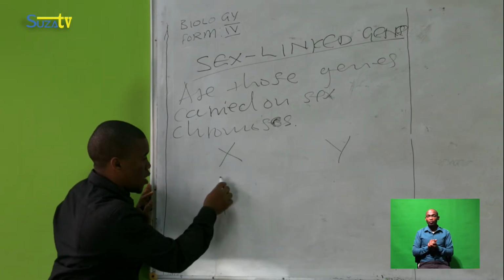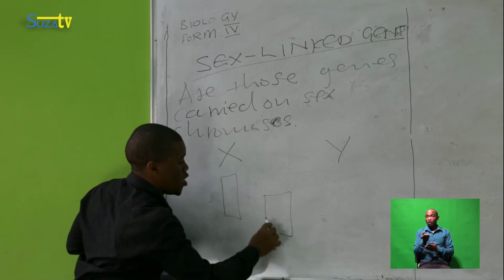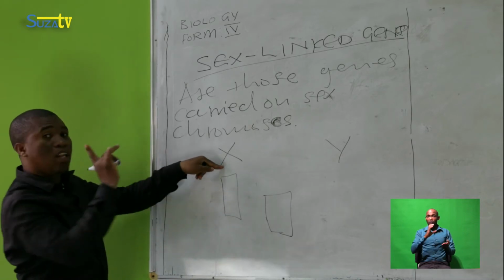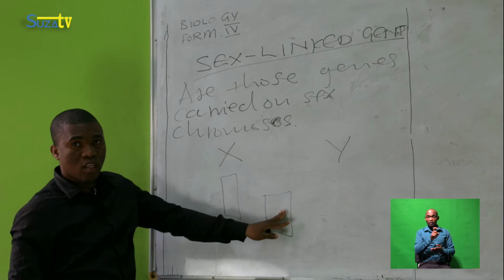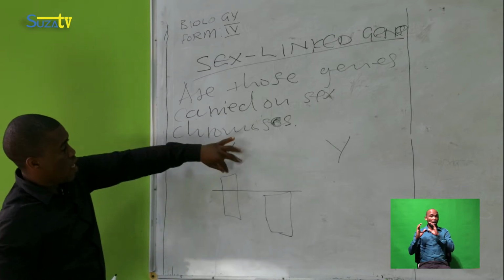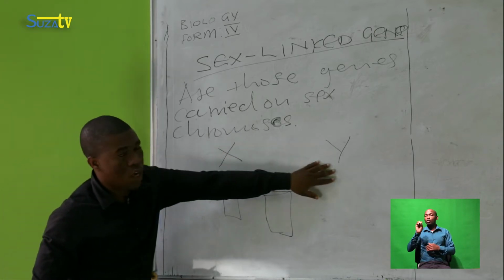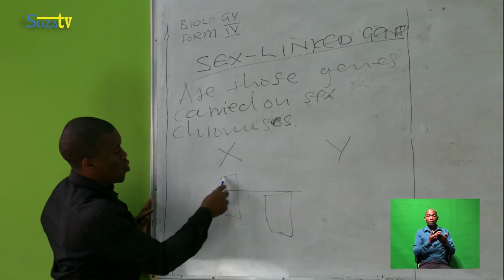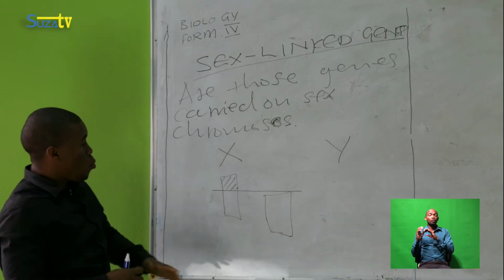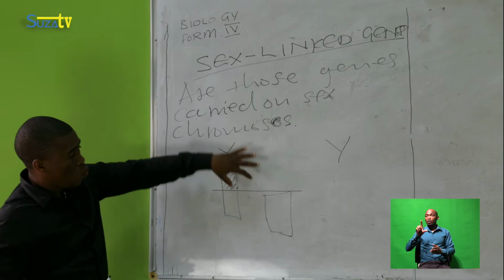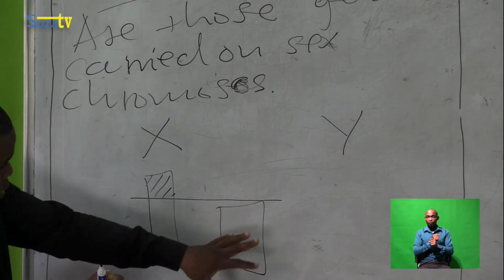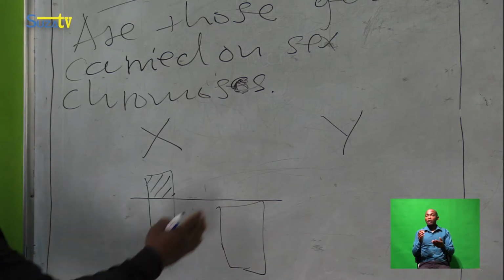Structurally, these chromosomes differ in their size. The chromosome X is larger than the chromosome Y. Sex-linked genes are mostly carried on the X chromosome rather than the Y chromosome, because the X chromosome possesses extra space to carry more linked genes, while the Y chromosome does not have enough space for carrying these genes.